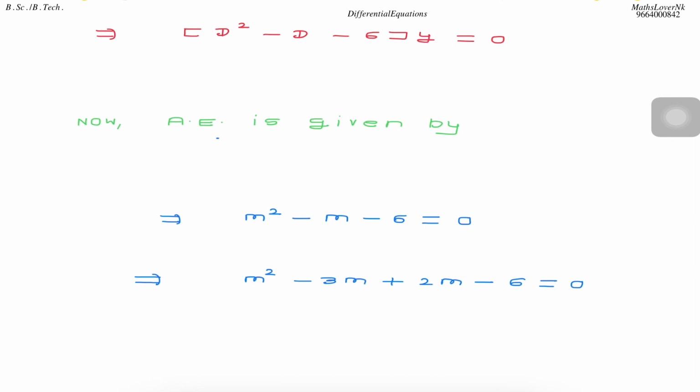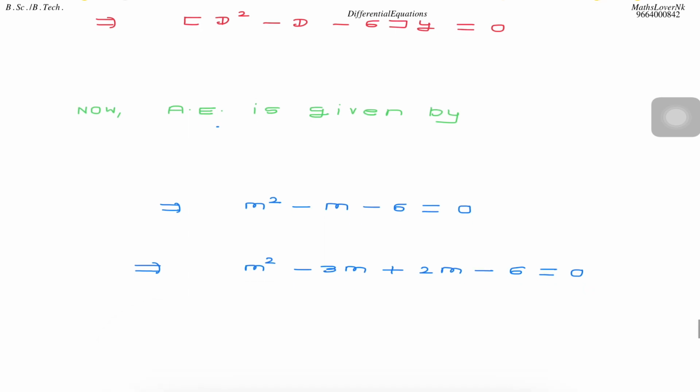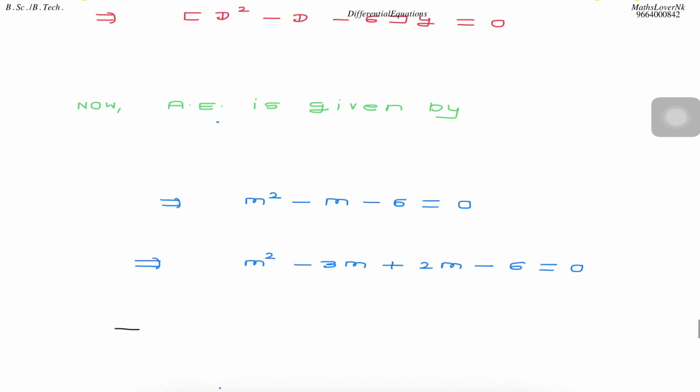That is the way. Taking m common, m minus 3, plus 2 common, m minus 3, is equal to 0.